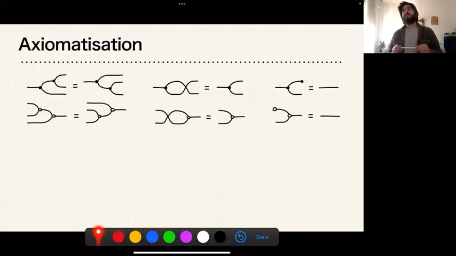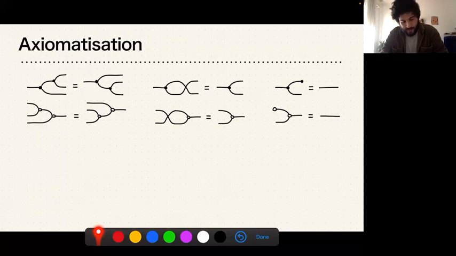Okay, now the main result of this work is its axiomatization, meaning a set of equalities and inequalities between diagrams. Some of them express very well-known algebraic structures. So, for example, here we are stating that the copier and the adder are commutative, are associative, and have a unit.